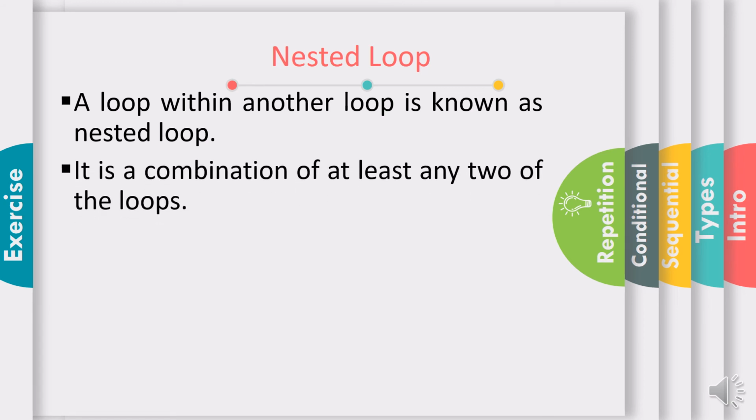It is basically a combination of at least any two of the loops. It means that we can use a for loop with a while loop, a for loop with another for loop, or we can also use a for loop with a do while loop. So, we can combine any two loops to make a nested loop.